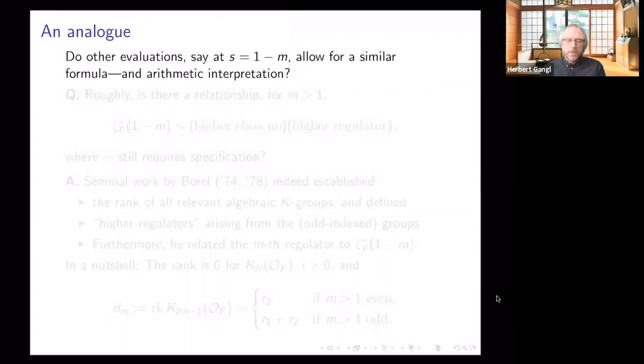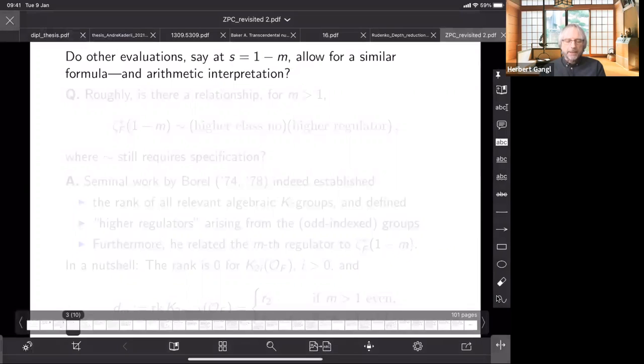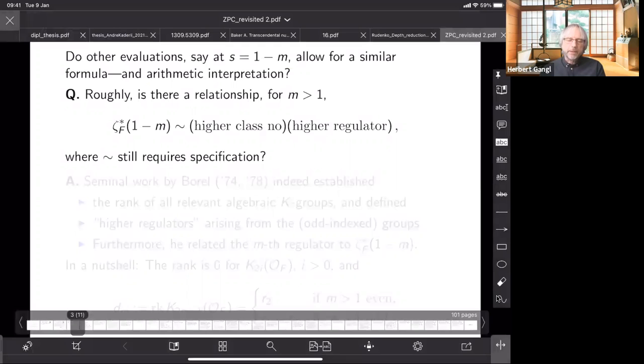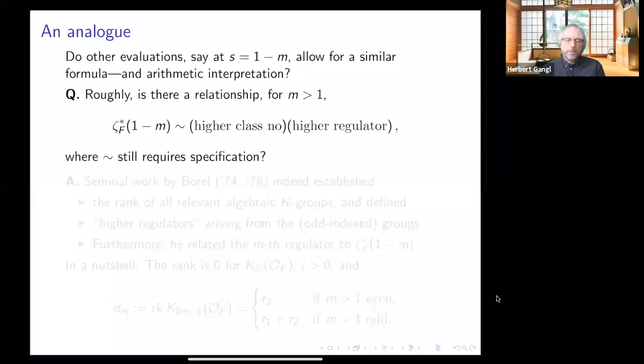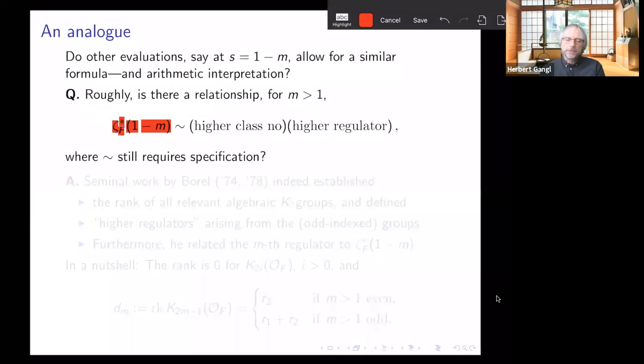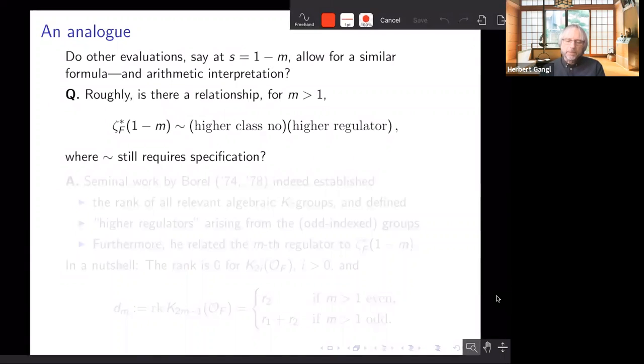In general, we can ask: is there a relationship where zeta_F star at 1 minus m is written in terms of a higher class number times something like a higher regulator? The twiddle still somehow needs some specification.